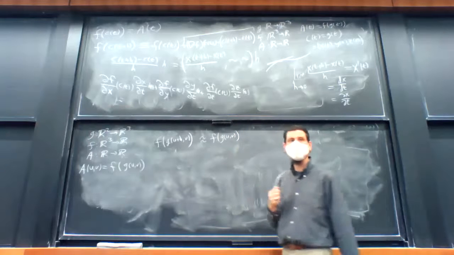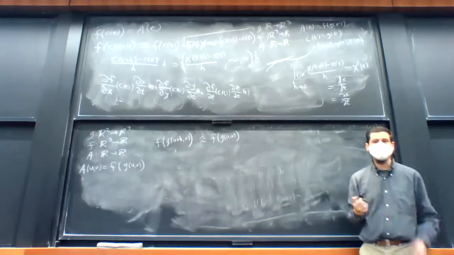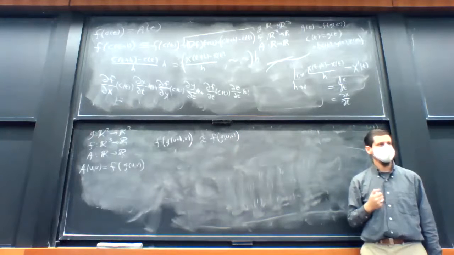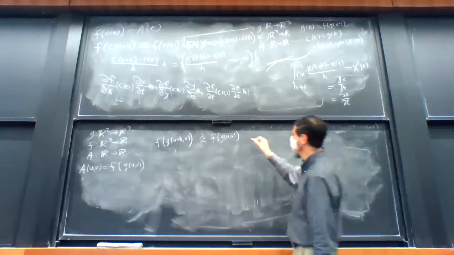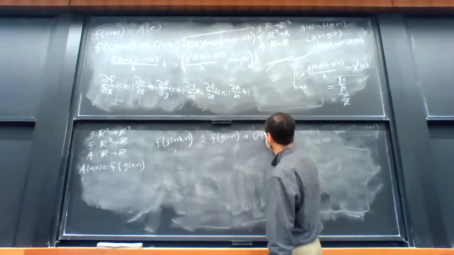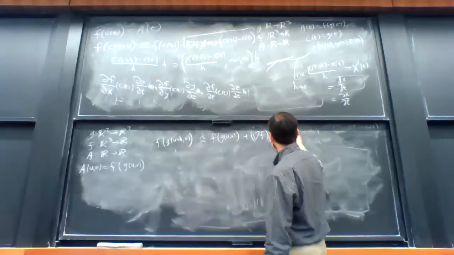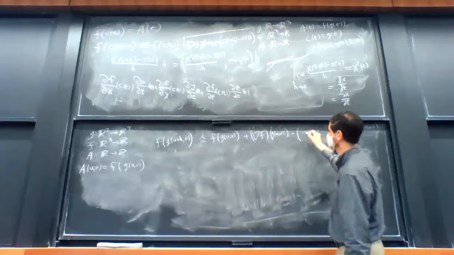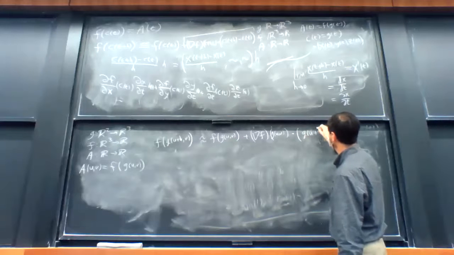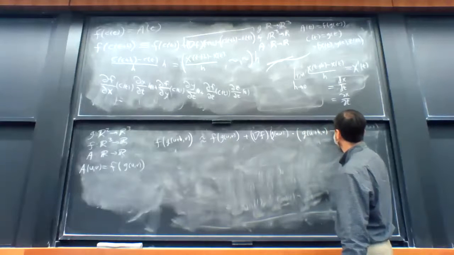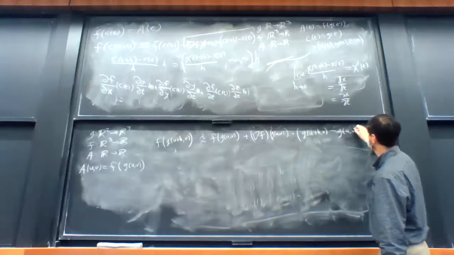If h is really small, then it should be essentially what we started at. And now we want to add the change. So we do the gradient of f at g of uv dotted with the change vector, g of u plus h, v minus g of uv.